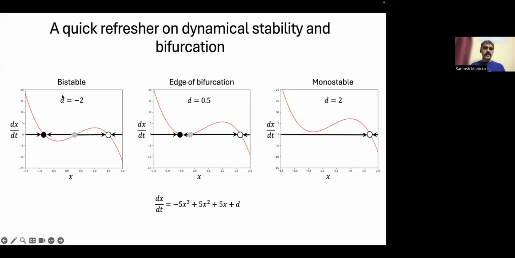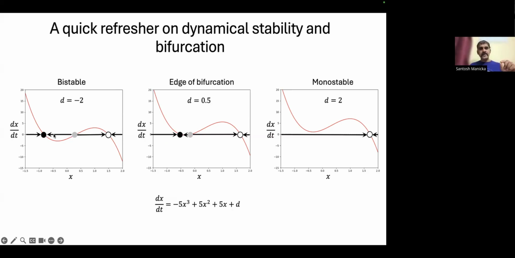So for example, when d is equal to -2, you have this curve meeting the zero line at 3 points, one over here, the other over here, and over here. So these two solutions, the black and the white, are known as stable solutions, because if your x is at this value, and if you move x a little bit to its left, it will come back to it.